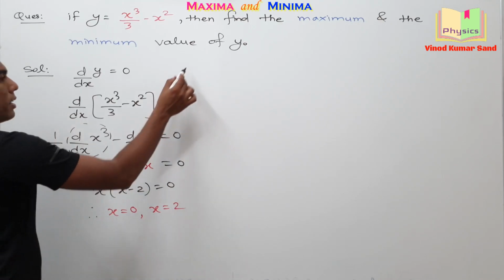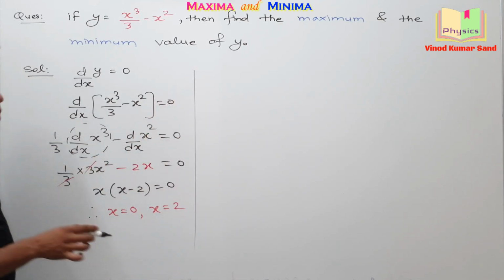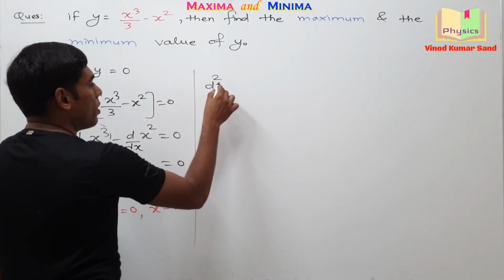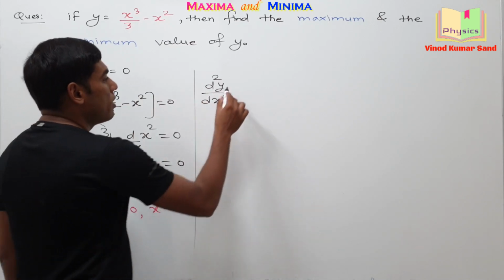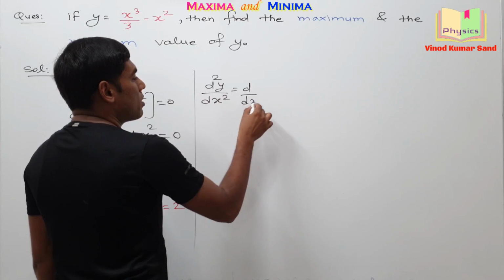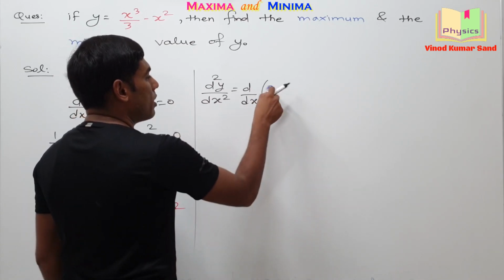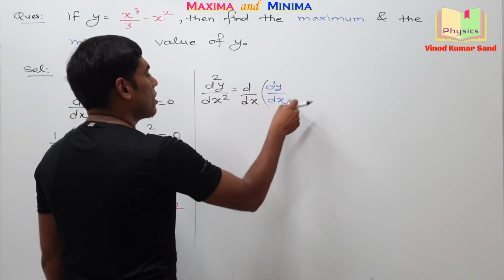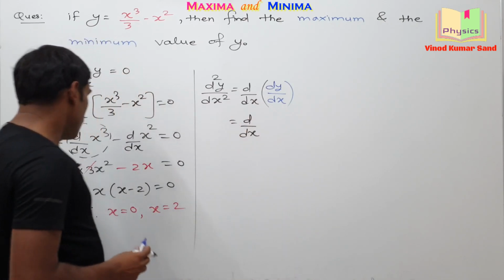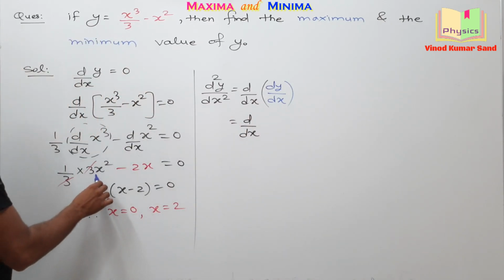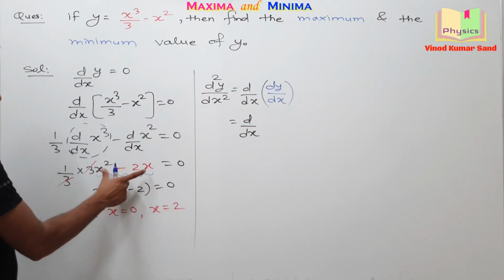After obtaining dy by dx, I'll go for d2y by dx square, because these things will be required in the calculations. d2y by dx square means d by dx of dy by dx, and this thing is actually available to us. The dy by dx was x square minus 2x.